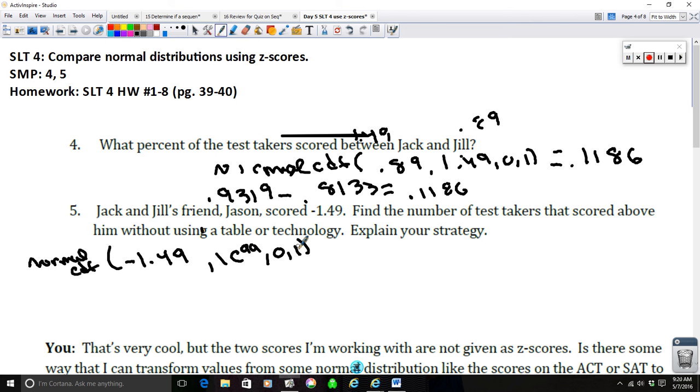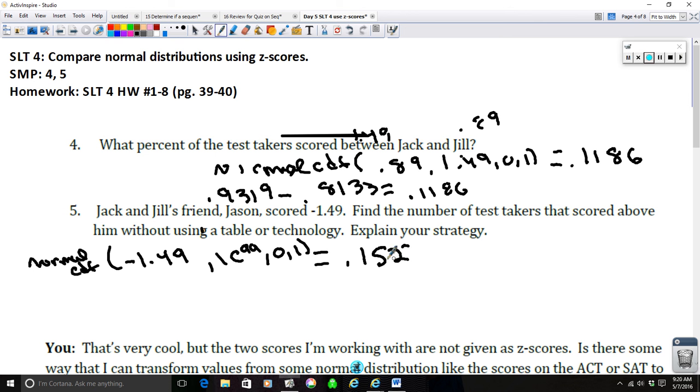Or what you have to do is look up the negative 1.49, and the negatives again are on the back side, which is page 40. And then since it's to the right, you have to subtract from 1. The calculator will give you the answer directly, 0.1522. That's not correct. That's not even possible.